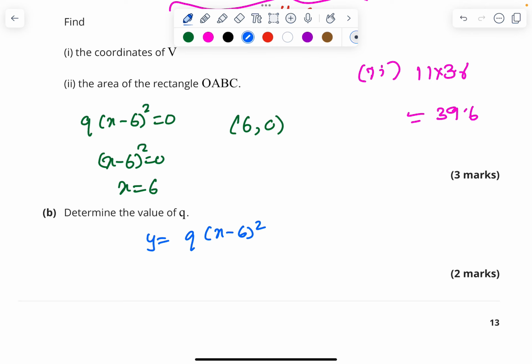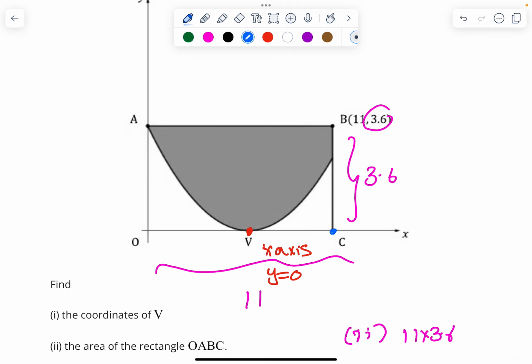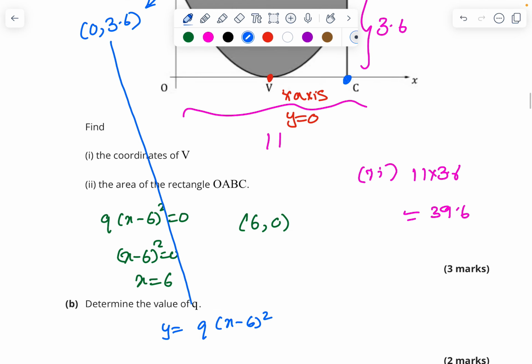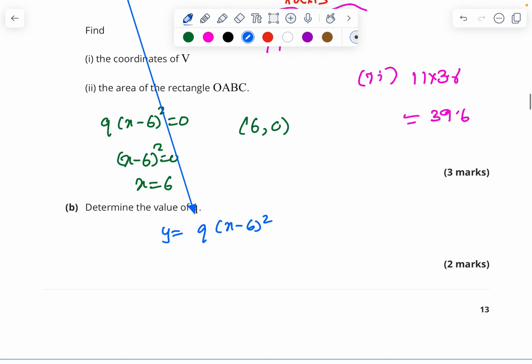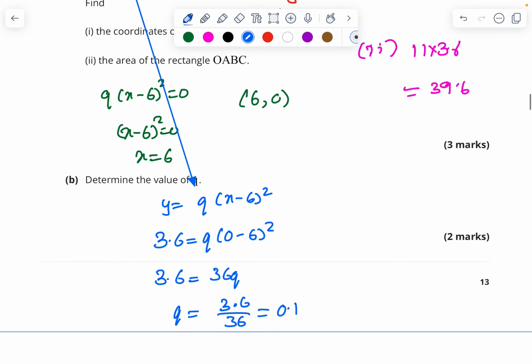So this point, what is this point? 0, 3.6. 0, 3.6 should lie on the curve. That is the easiest way. So 3.6 equals to Q times 0 minus 6 whole square. 3.6 equals to 36Q. So Q equals to 3.6 divided by 36, which is 0.1. That is the value of Q.